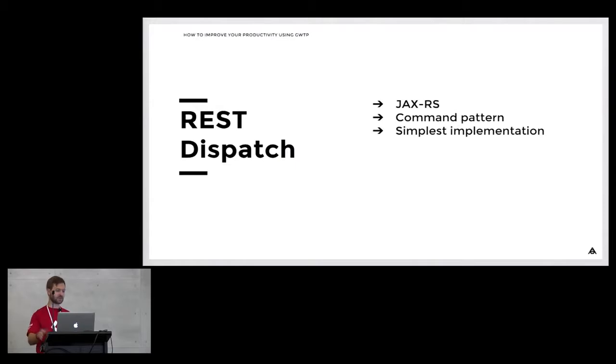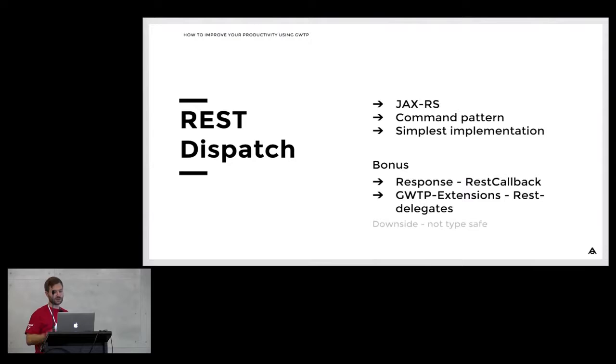REST dispatch. As I said a little bit before, REST dispatch is aimed to be a fully JAX-RS implementation. It implements the same command pattern as the RPC dispatch, and we aim to do the simplest implementation possible, so that you have as little code as possible to initialize your REST dispatch call.